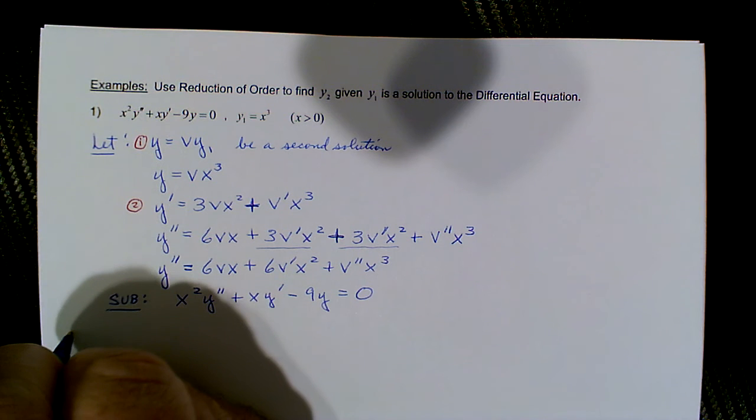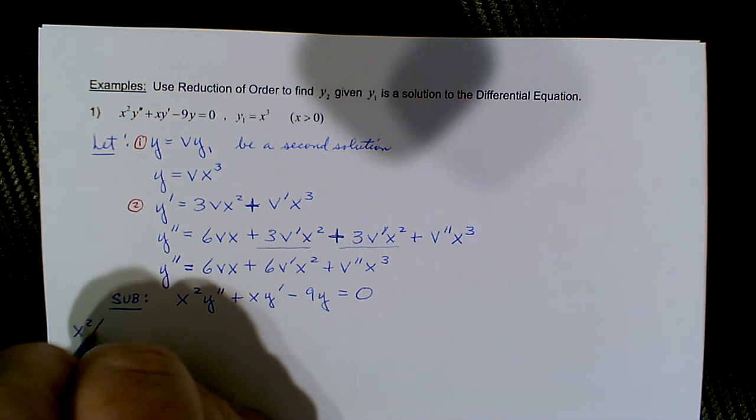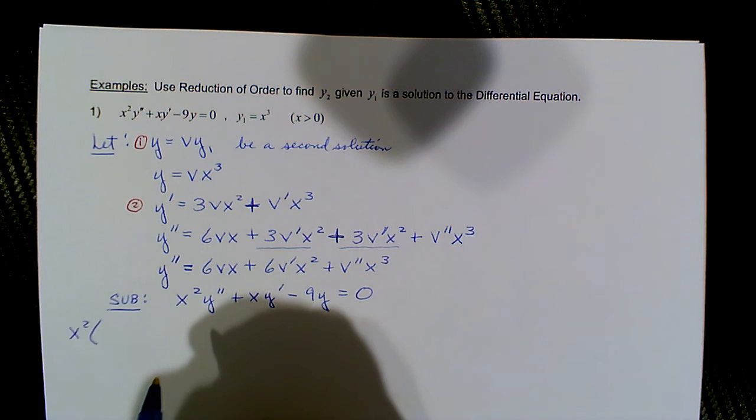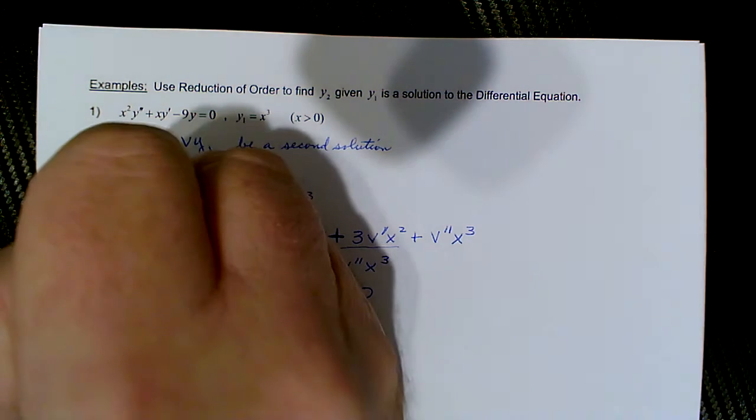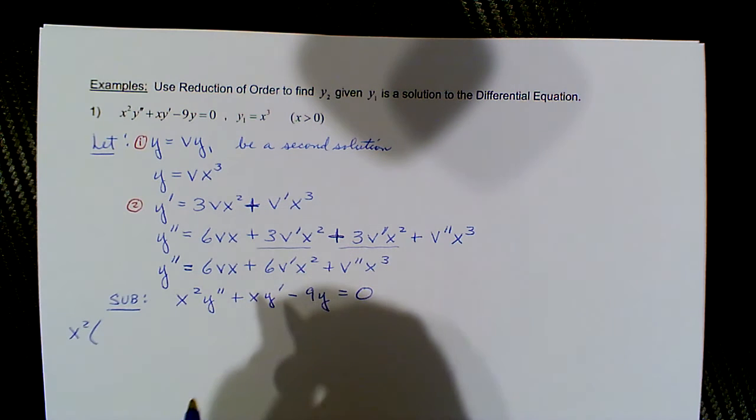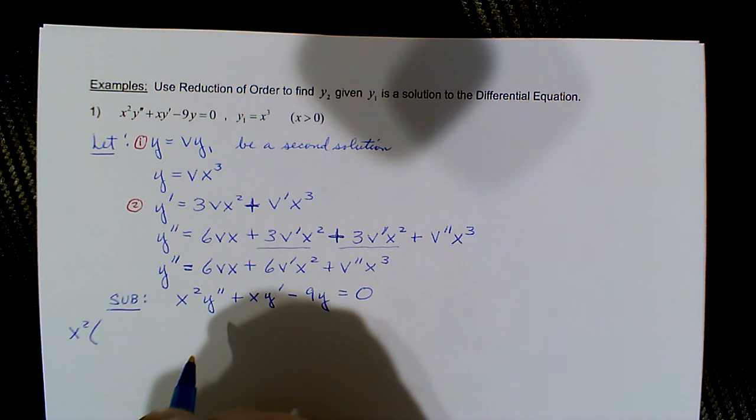And so we substitute, and we have x squared times y double prime. It's really y2, but I'm just treating it as y for simplicity.